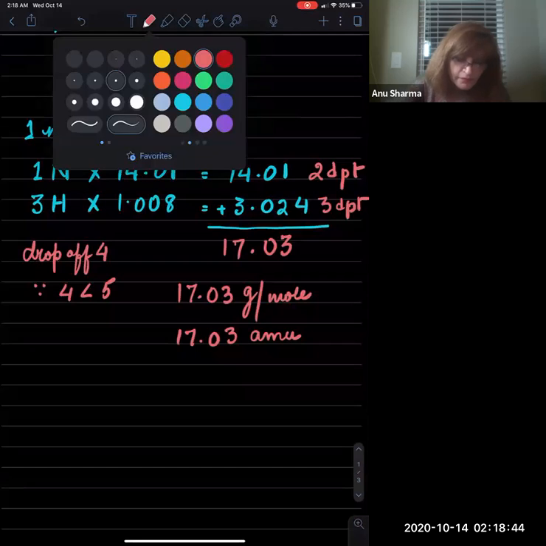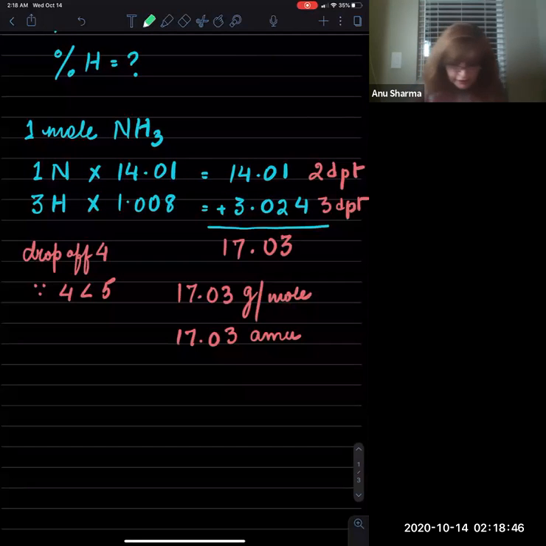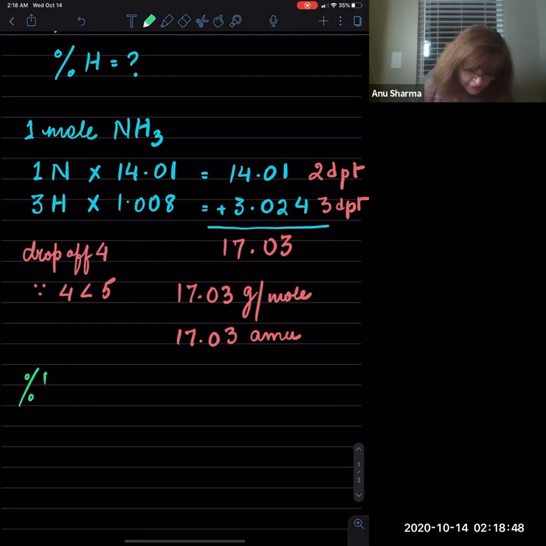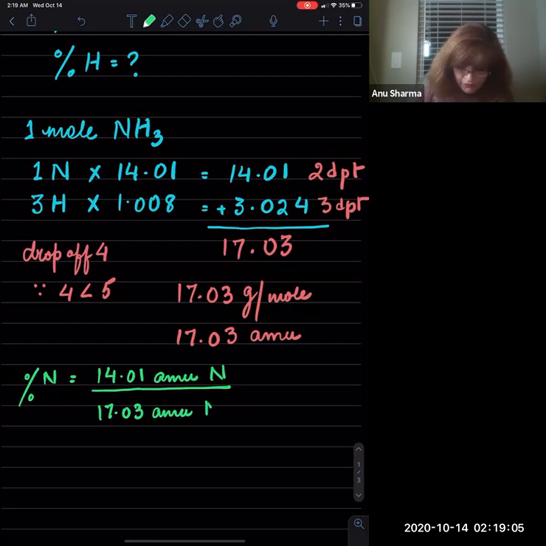So the percentage of nitrogen is equal to 14.01 atomic mass units of nitrogen divided by the total formula mass of ammonia, which is 17.03 atomic mass units of NH3, times 100%.